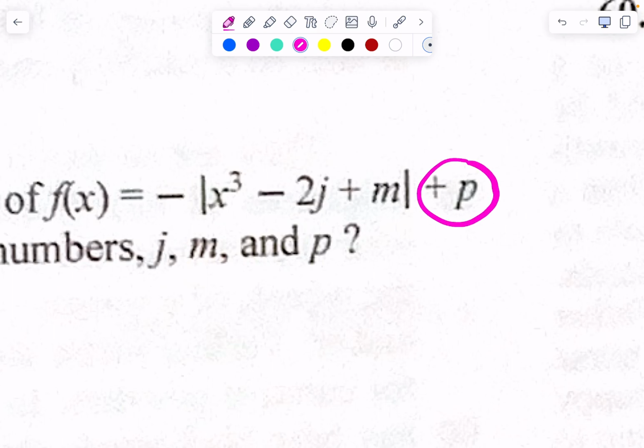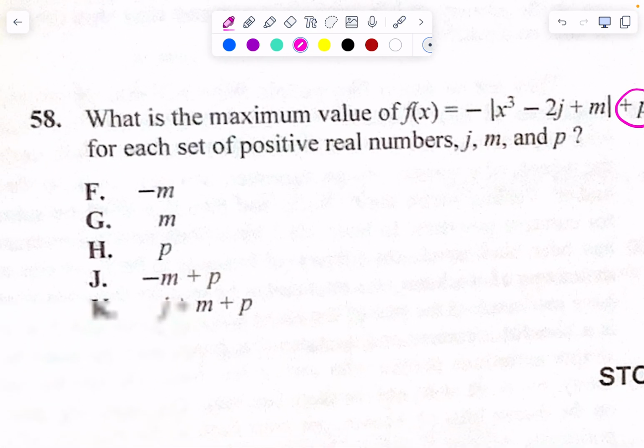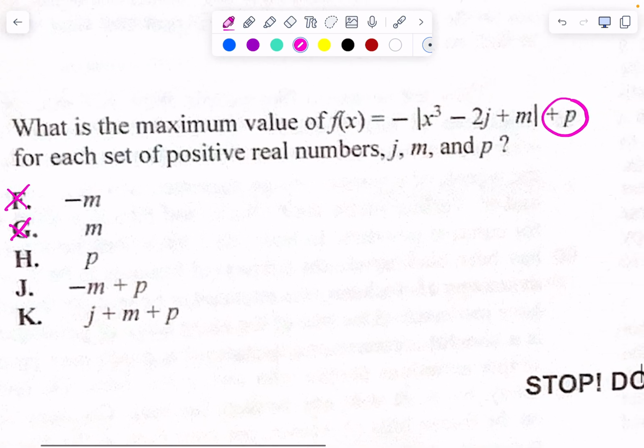P's got to be plus. So, like, cross off F and G, you think? Or not? Because all the P's would be pluses. But the absolute value of this thing: what is the maximum value for each set of positive real numbers J, M, P?